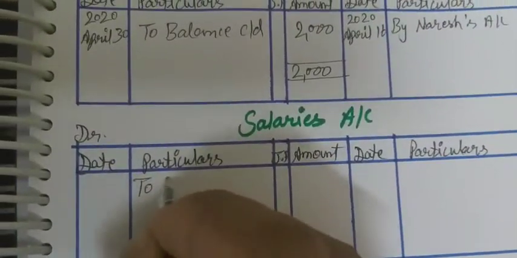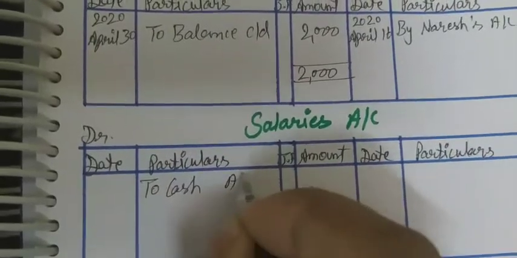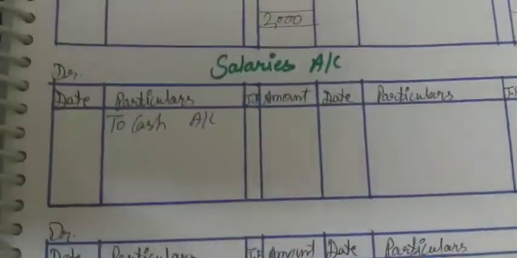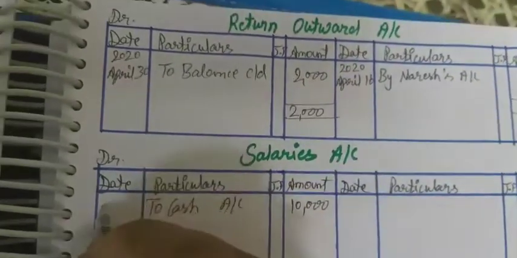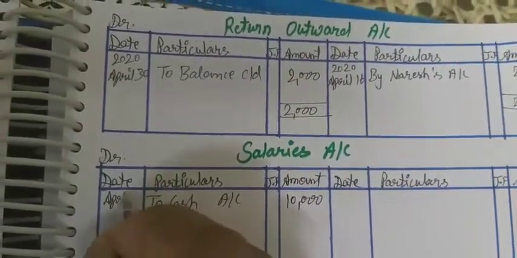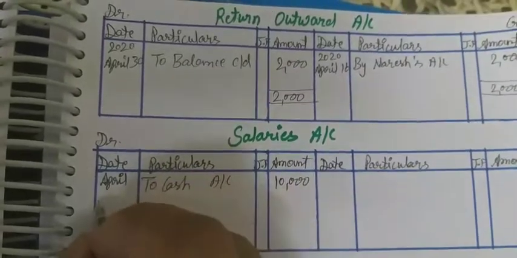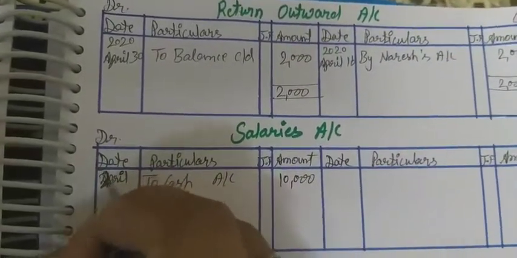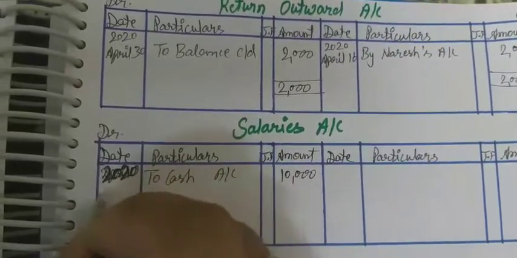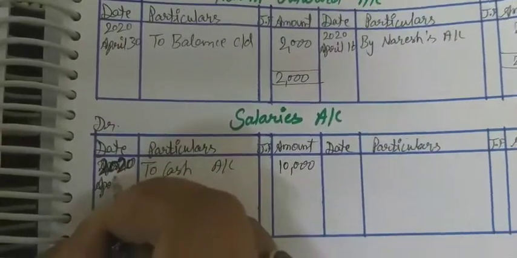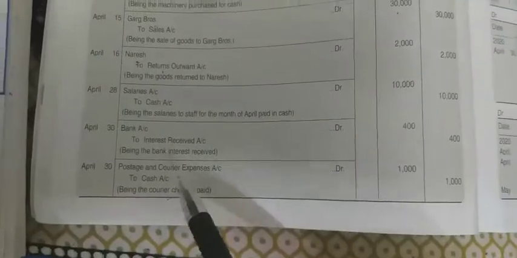So to cash account, amount is 10,000, salaries paid, 2020, April 28. After this, is there any other salary account? No salary account is there.